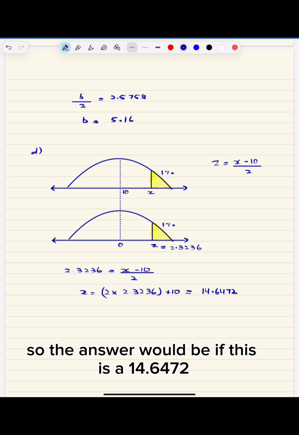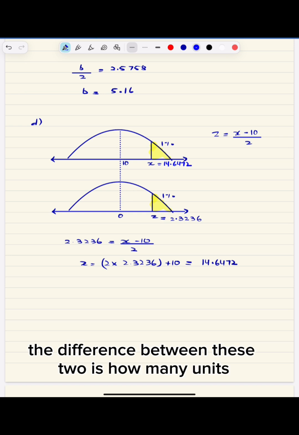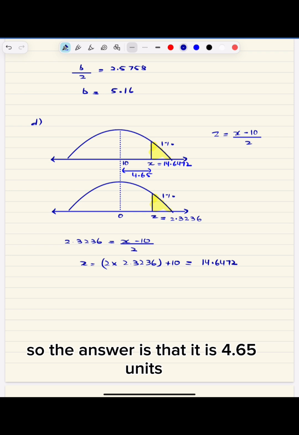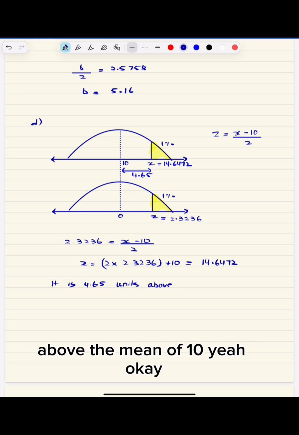So the answer would be, if this is 14.6472, the difference between these two is how many units? It's 4.65. Okay, so the answer is that it is 4.65 units above the mean of 10.